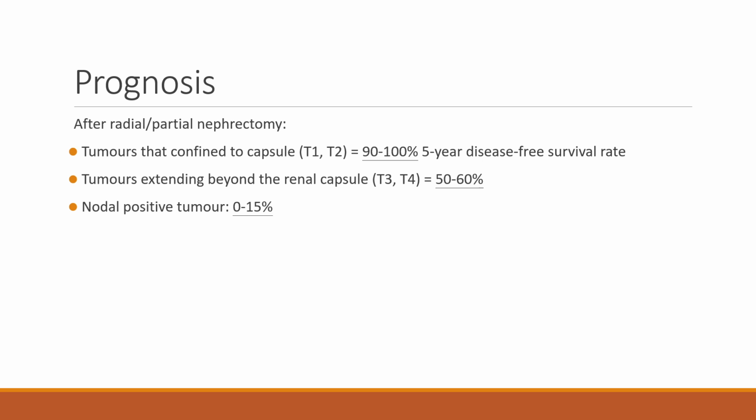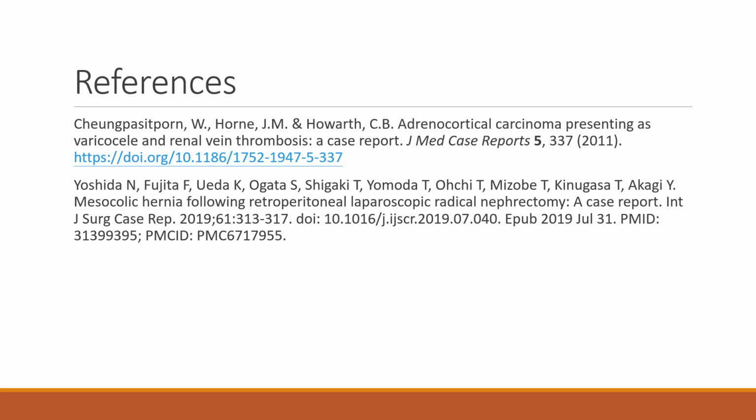But if they're extending beyond the renal capsule, T3, T4, it's going to be 50 to 60%. And if unfortunately it is found to be a nodal positive tumor, that's going to be 0 to 15% 5-year disease-free survival rate. And this is the end of the case study sharing, and thank you so much for listening.